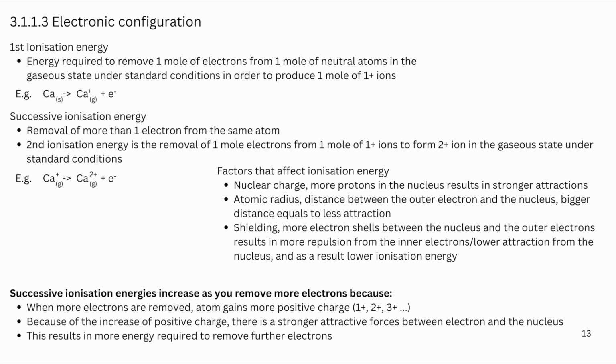They are nuclear charge, atomic radius, and shielding, which basically means the number of electron shells between the nucleus and the outer shell. Successive ionization energies increase as more electrons are removed. This happens because with each removed electron, the atom gains more positive charge. And because of the increased positive charge, attraction between the nucleus and the outer electron is stronger, which in turn results in more energy required to remove further electrons.